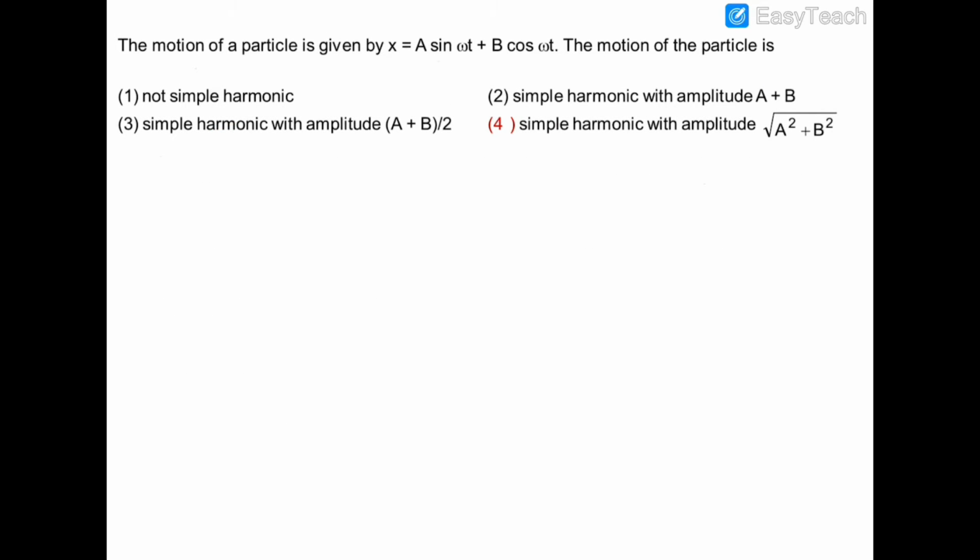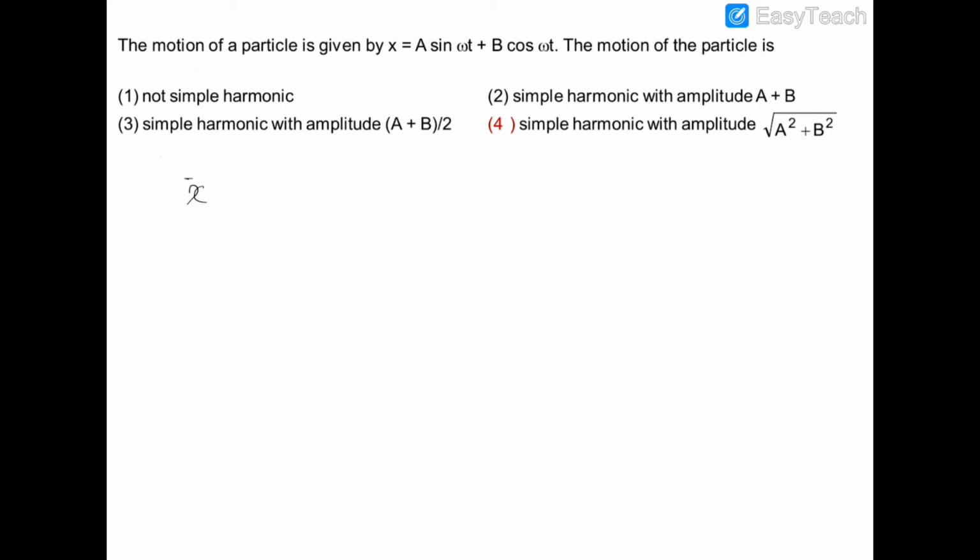In this question, the motion of a particle is given by the equation x is equal to a sin omega t plus b cos omega t. So we have to find out which option about its simple harmonic motion is correct. So first of all, we have to check whether it is a simple harmonic motion or not.